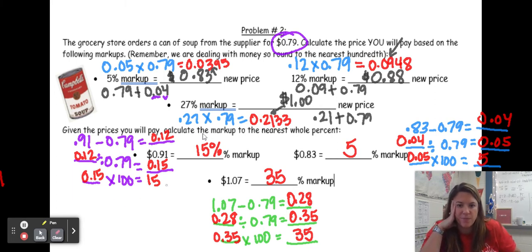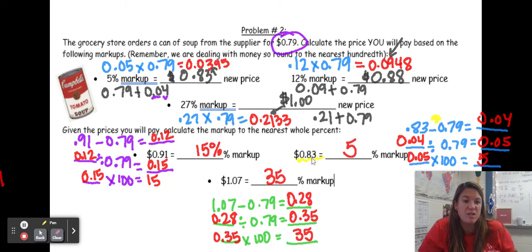All right, how'd we do? This one I got 0.12, like 12 cents was the difference. When I divided that, I got 0.15, and I multiplied that by 100 to get 15%. So subtract first. So over here, I got 0.04 when I subtracted the 83 cents and the 79 cents. And then I divided that by the original amount, 0.79, and I multiplied it by 100 to get the percent.